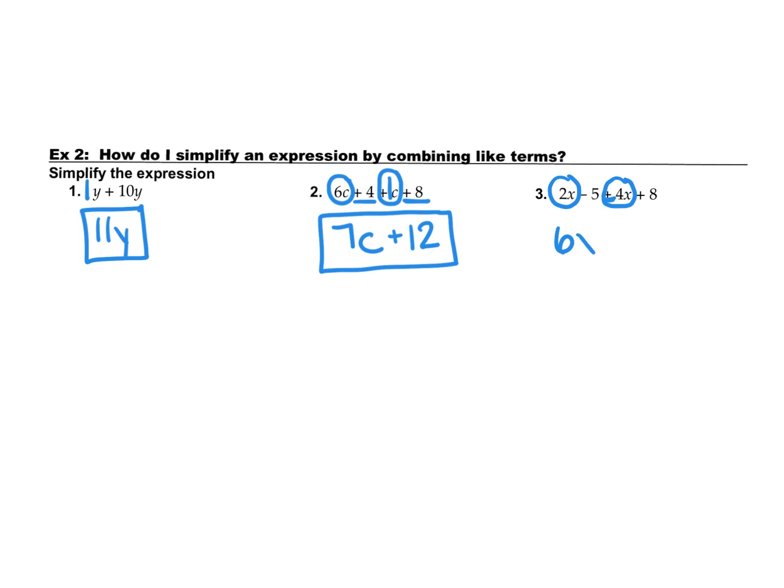So I'm going to have 6x, and now I need to combine my negative 5 plus 8. So negative 5 plus 8, I have 5 negatives, 8 positives, and if you're having trouble with your integers, just plug them in your calculator, and that's going to give me a positive 3.